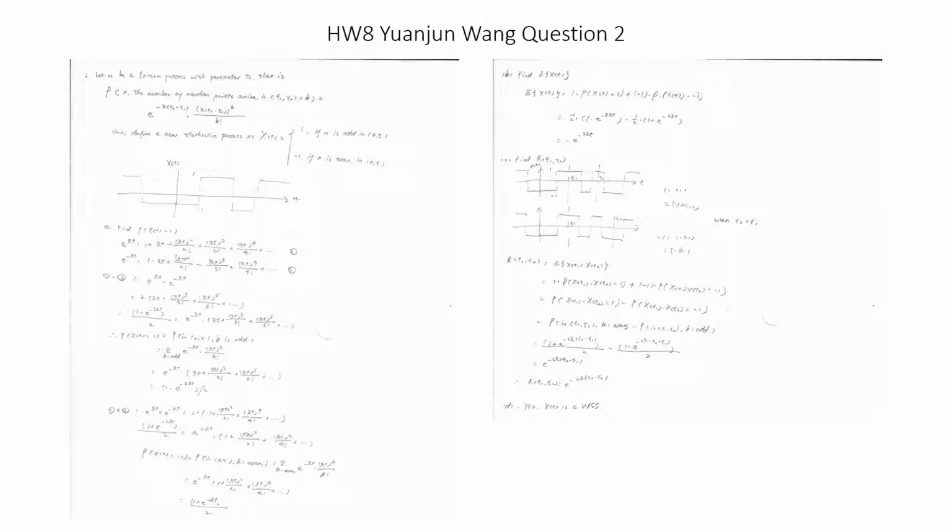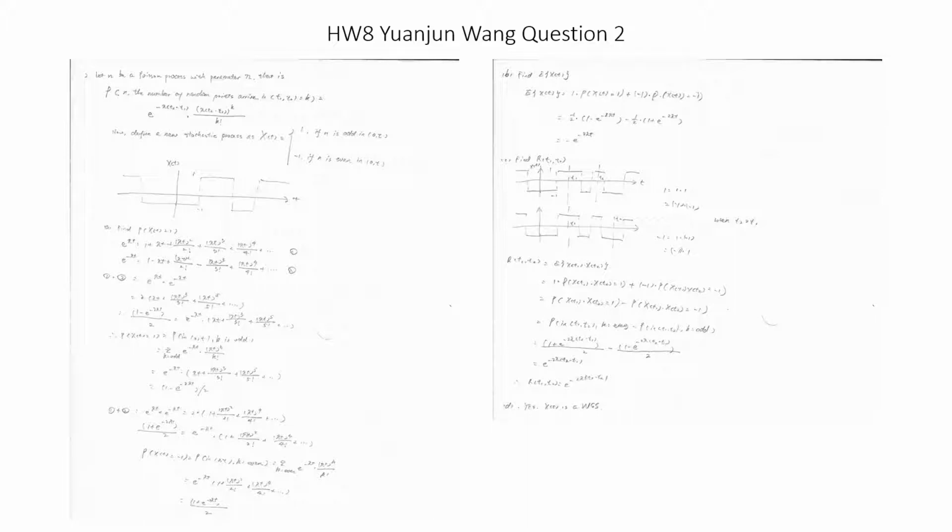From the earlier calculation, it is equal to 1 over 2 times (1 minus e to the negative 2 lambda t) minus 1 over 2 times (1 plus e to the negative 2 lambda t), which is equal to negative e to the negative 2 lambda t.